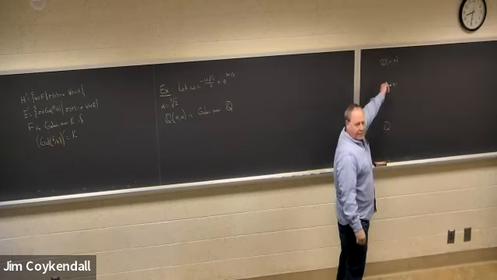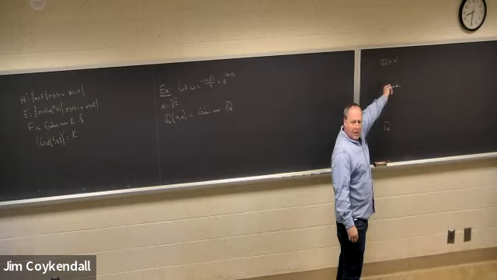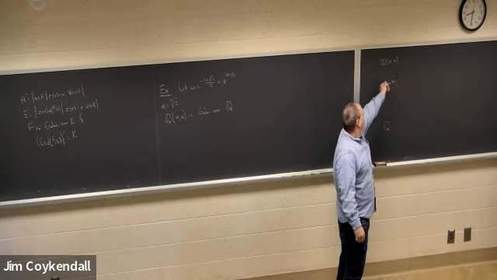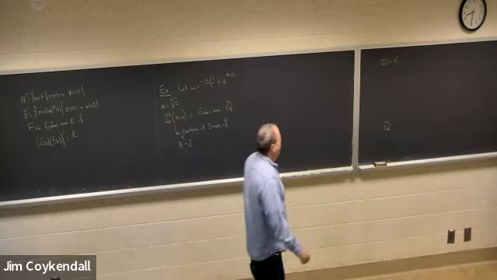So here's the big one, right? Notice one thing, this is going to come up later: this is the smallest field that contains all 3 roots of this polynomial over Q, namely cube root of 2, cube root of 2 omega, and cube root of 2 omega squared.